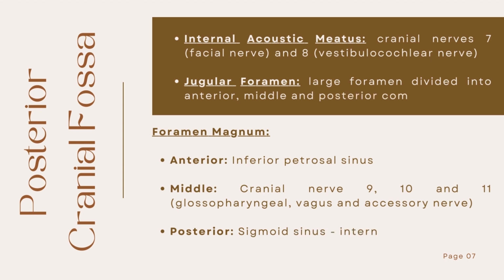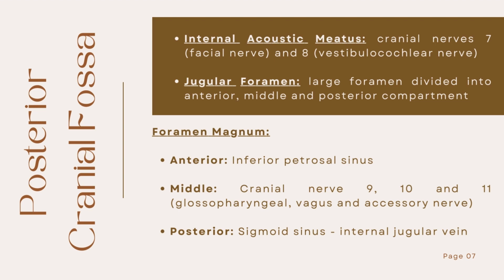The jugular foramen is also found in the posterior cranial fossa. It's a very large opening, so it's divided into anterior, middle, and posterior compartments. The anterior compartment has the inferior petrosal sinus. Through the middle compartment, cranial nerves 9, 10, and 11 pass. So 9, 10, and 11 are the glossopharyngeal, vagus, and accessory nerves.